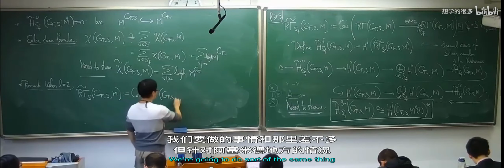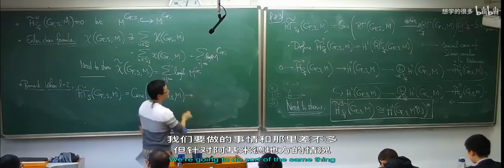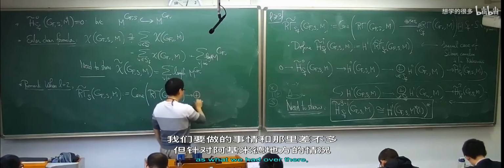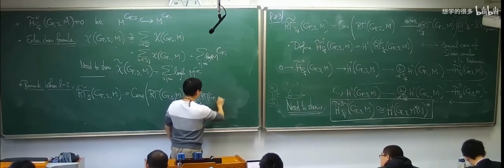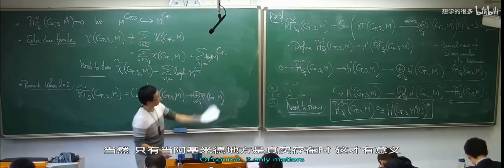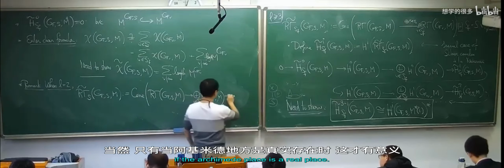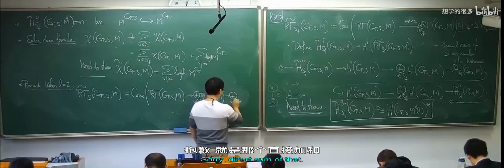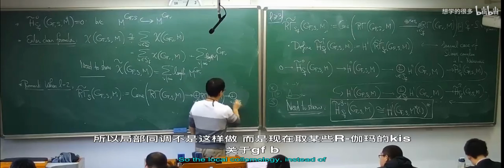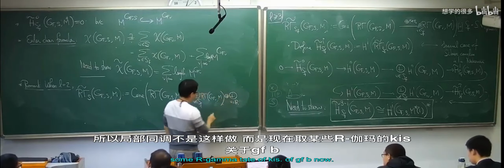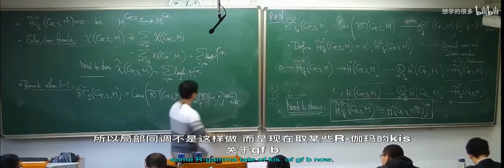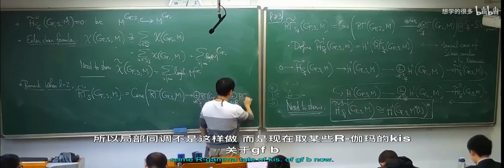We're going to do the same thing as what we had over there, but for Archimedean places. Of course, it only matters if the Archimedean place is a real place. Direct sum of that. So for the local cohomology, instead I take R gamma Tate of GFBM.